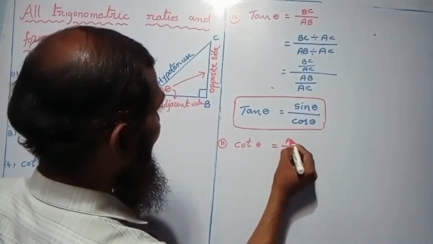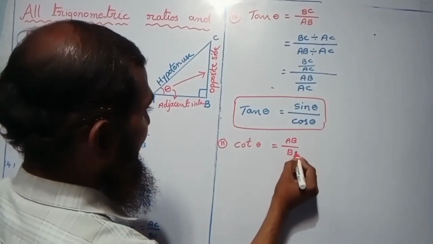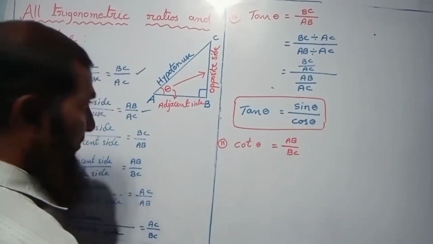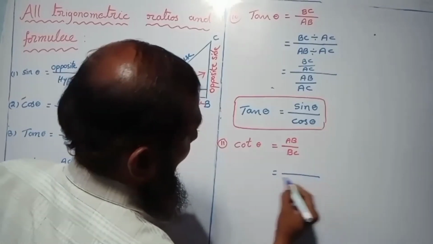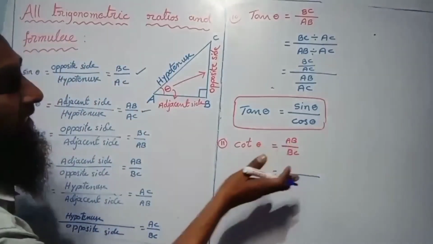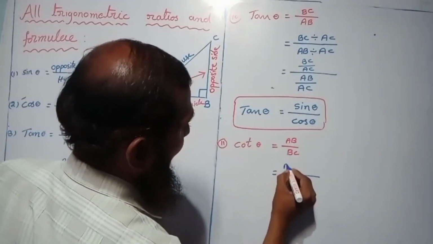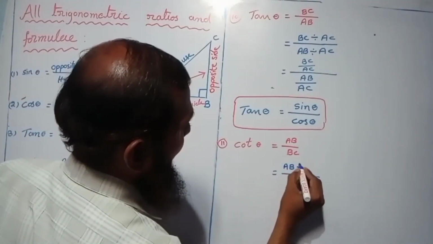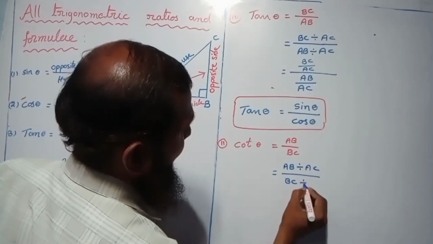AB by BC. So now I am going to divide both the numerator and denominator by the hypotenuse, meaning AC. AB by AC, BC by AC.